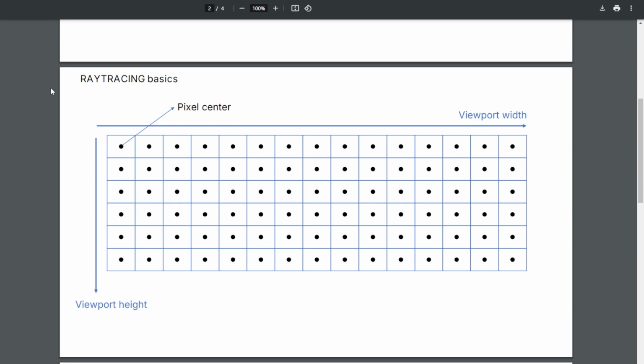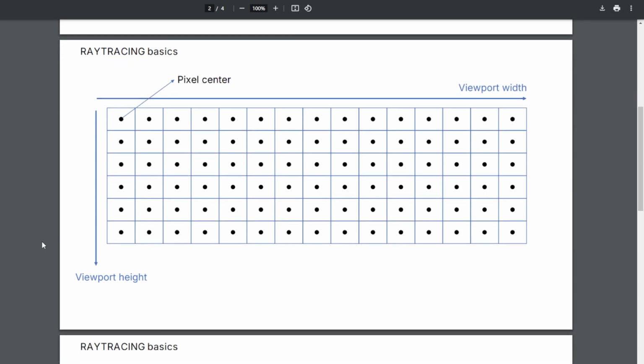Again, I'm not going to go into very many details on what ray tracing is, but basically it's a technology that is used by mostly all video games these days, and the basic concept is that we imagine a camera in our video game, in our simulation, and for each pixel of the camera we of course get the center of that pixel, and we imagine rays coming out of each pixel.